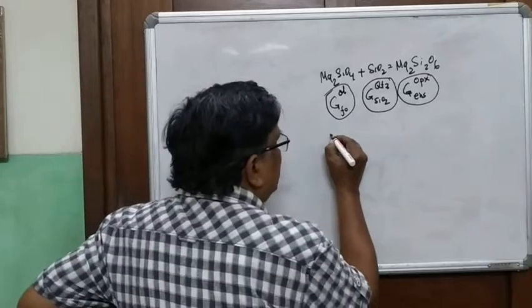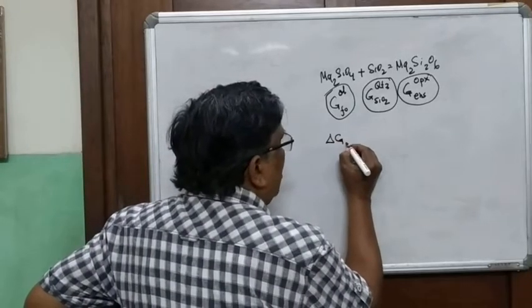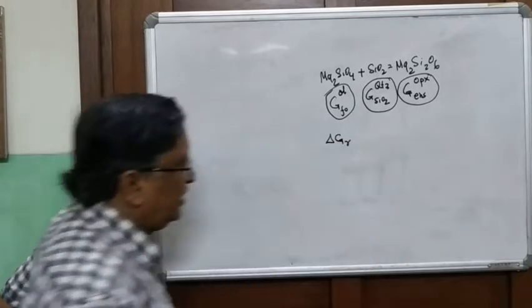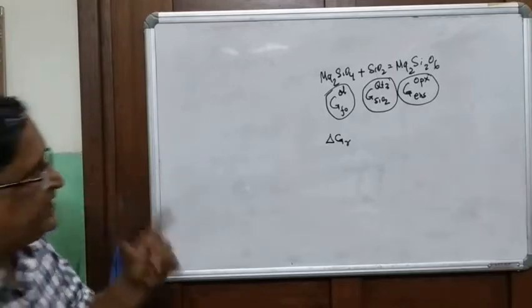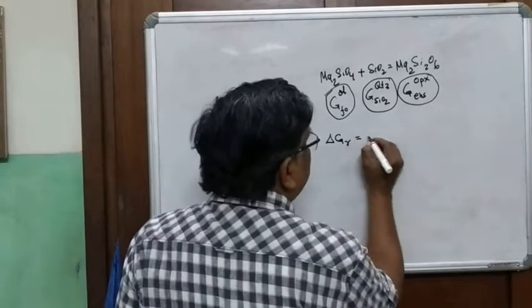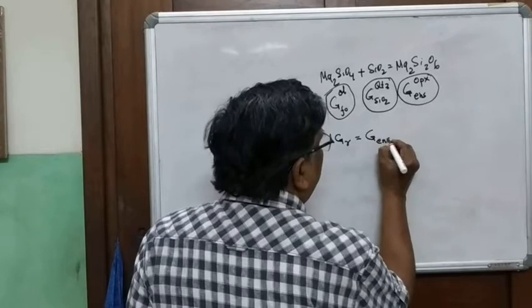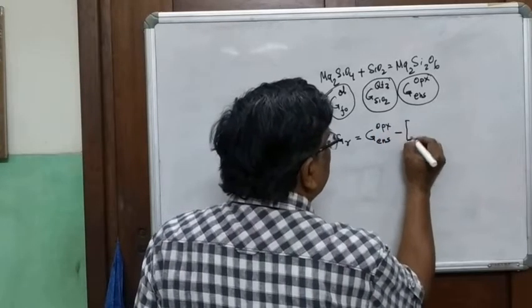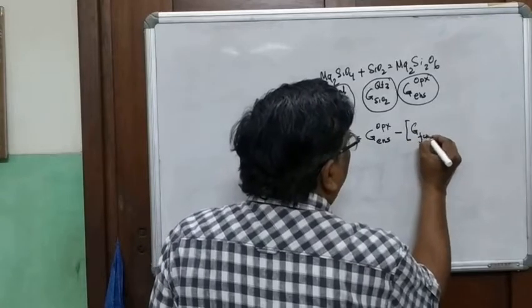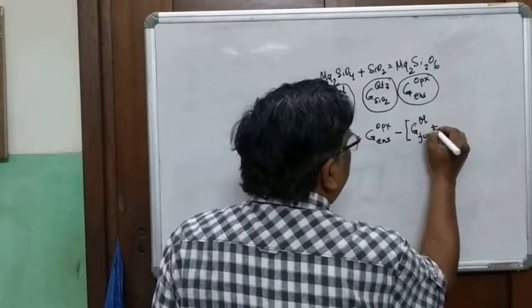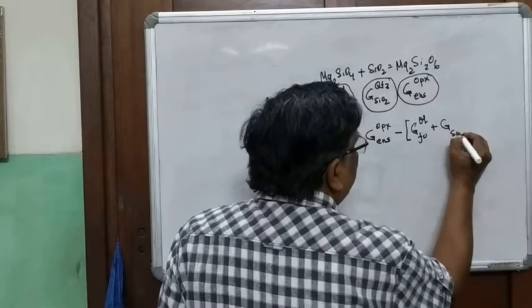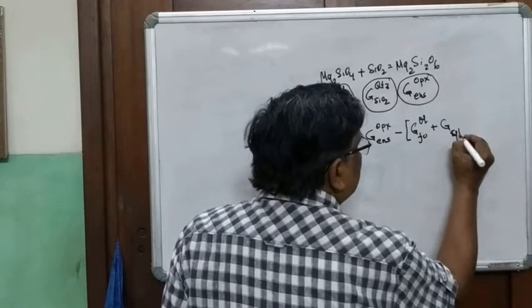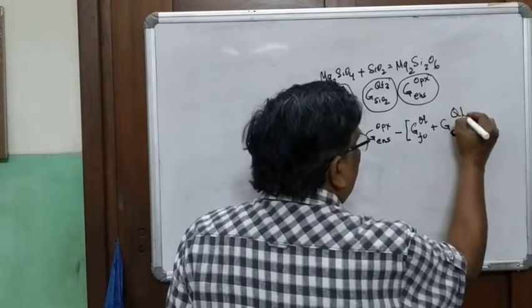And what is the delta G of the reaction? It's the product minus the reactant. So it is G of enstatite in orthopyroxene minus G of forsterite in olivine plus G of quartz in quartz.